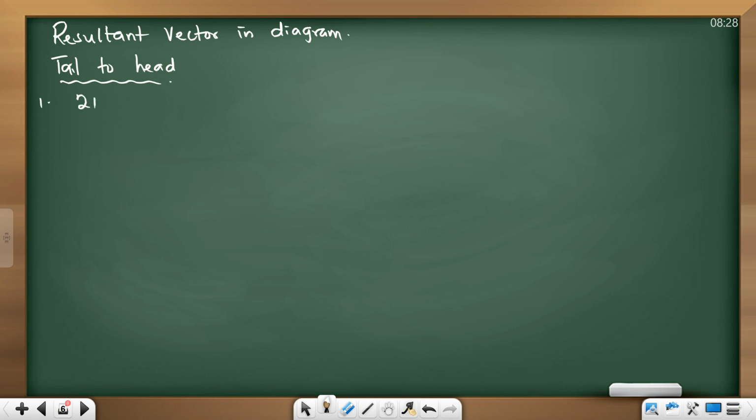Number 1, 2 newtons east and 3 newtons, let's say east. When we say tail to head, what are we doing? You connect the tail of one to the head of the other.